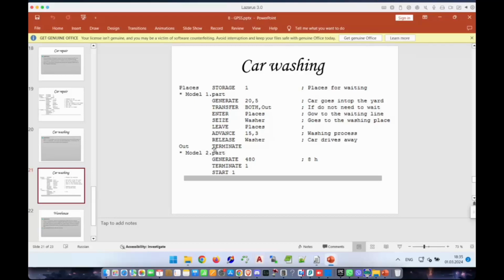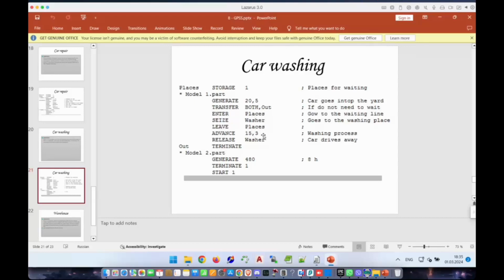So literally, if the car took the place, then it enters the place. When the washer is ready, it takes the washer. Once the car drives to the washer place, it leaves the parking place.